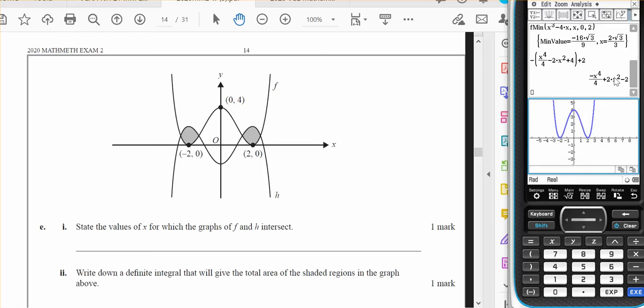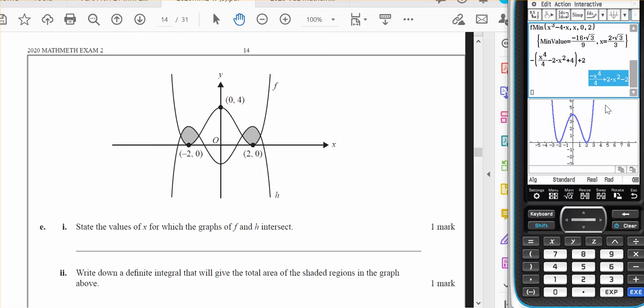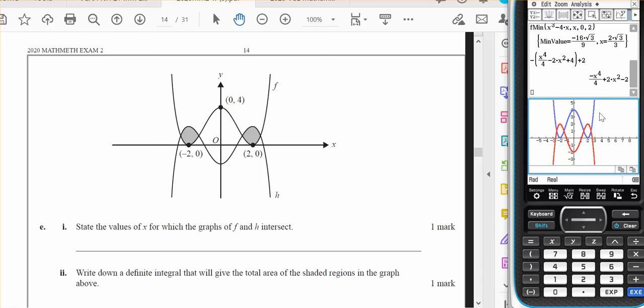And if I graph that, that's exactly what we're looking for.